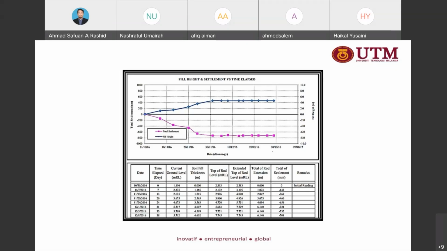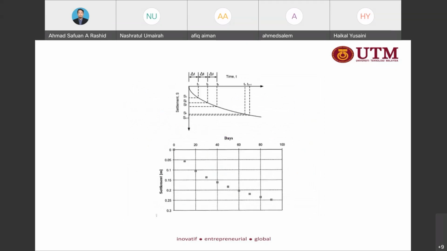Later on, it may continue with the primary consolidation. So this is related to the primary consolidation. Later on, there will be a movement due to the loading process.